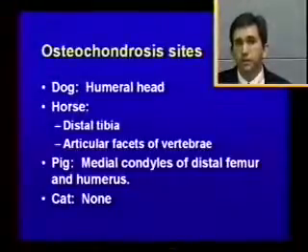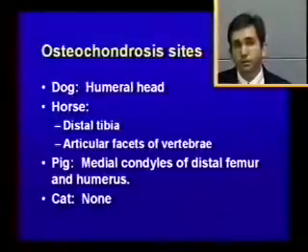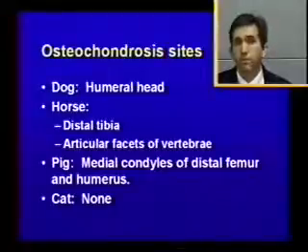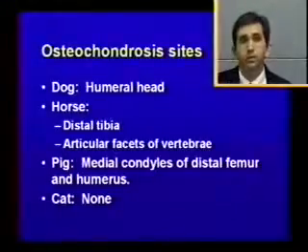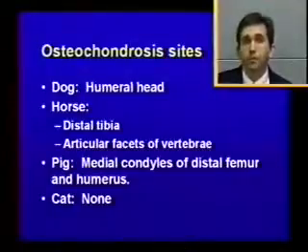And in pigs, the medial condyles of the distal femur are common sites for the development of these changes. Interestingly, cats don't develop this condition at all. Maybe it's because they're less predisposed genetically, maybe because we don't try to make them grow at an extremely rapid rate.